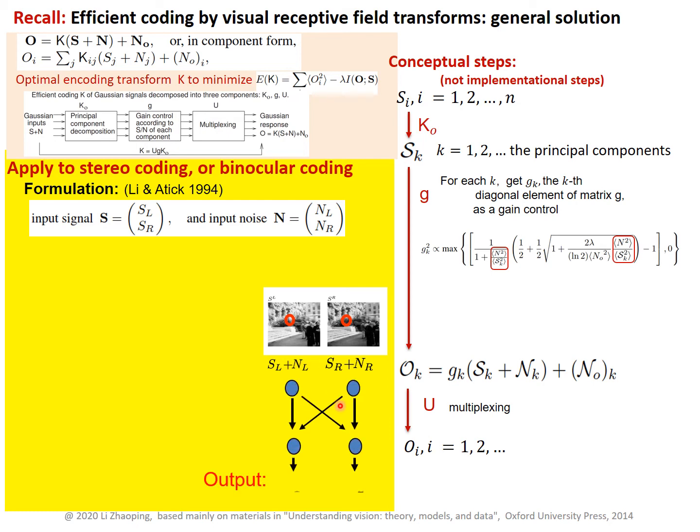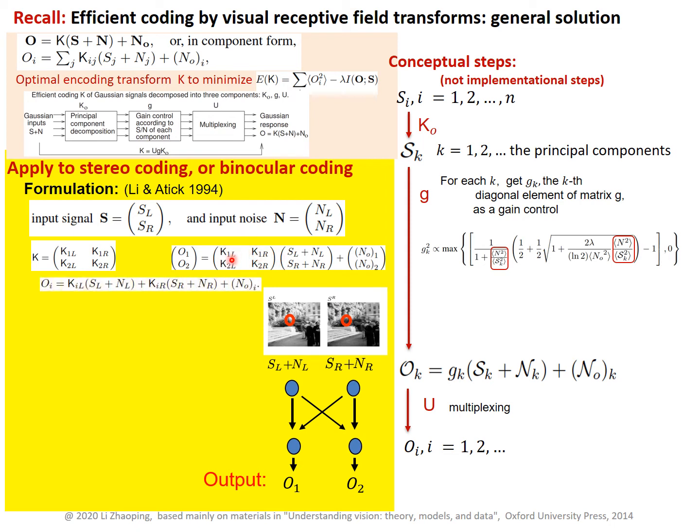Then let's take the case that inputs from the two eyes end up on two V1 neurons, with O1 and O2 as the net outputs from the retina to these neurons. The encoding matrix K is then a 2x2 matrix. It transforms the two-dimensional retina signals, signal plus noise, to two-dimensional output signals, O1 and O2, by this matrix.